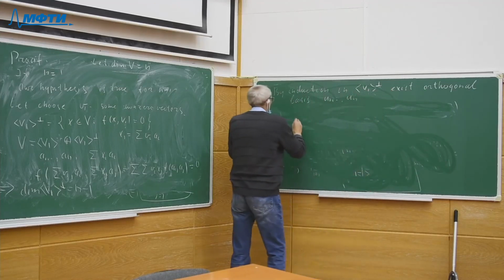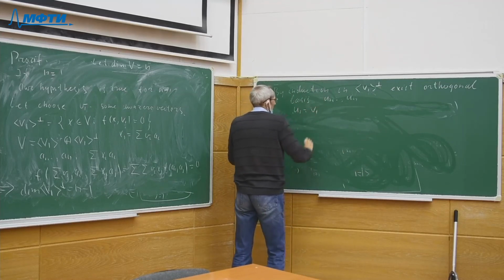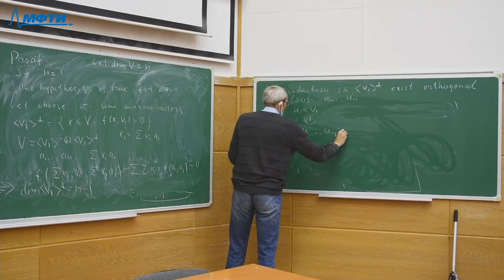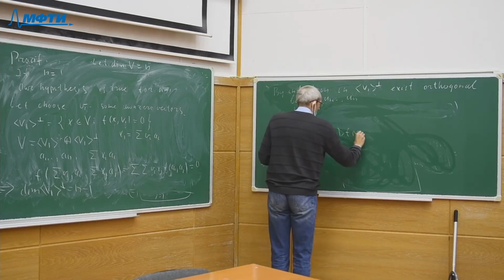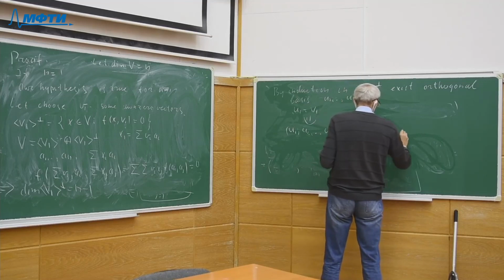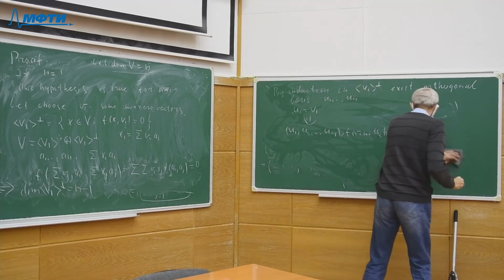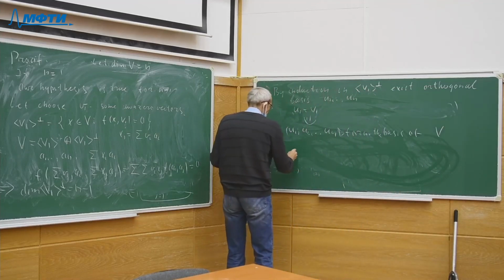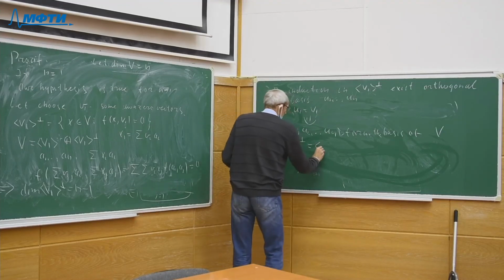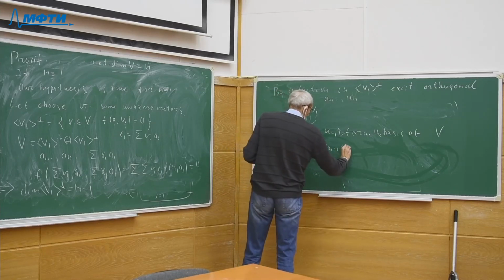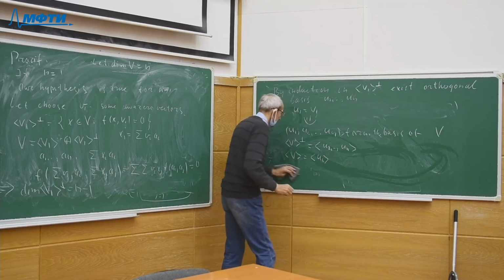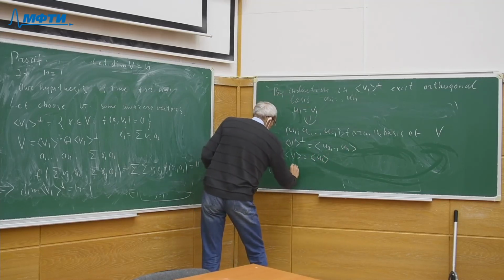And we can put u1 equal to v1, and we obtain that the vectors u1, u2, ..., un form a basis of V, because the orthogonal completion is the linear span of the vectors u2, ..., un, and V is a direct sum of the span of u1 and this completion.